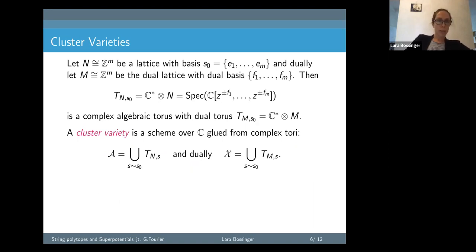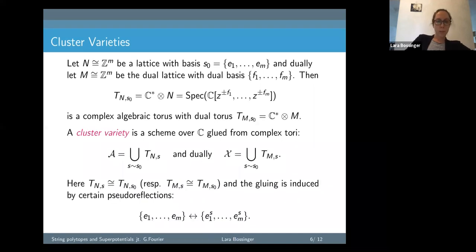I can write it as just a union of a bunch of complex tori. And there's a specific procedure that tells me how many tori I get and how I glue them, etc. And because I naturally have a lattice and a dual lattice, a torus and a dual torus, I get cluster varieties of two flavors, one denoted by A and the other denoted by X.